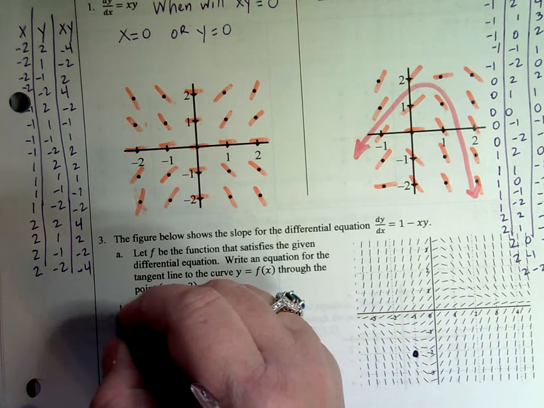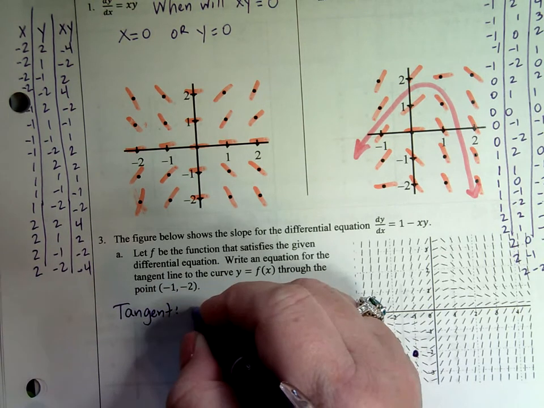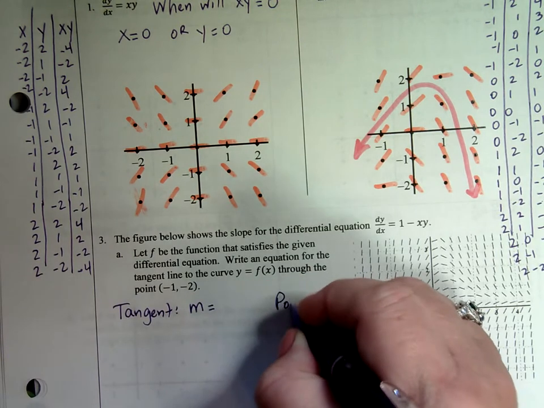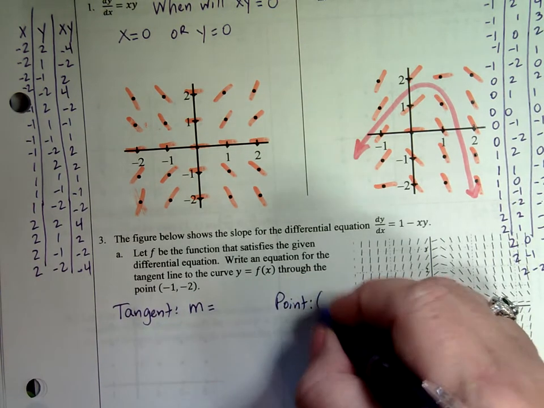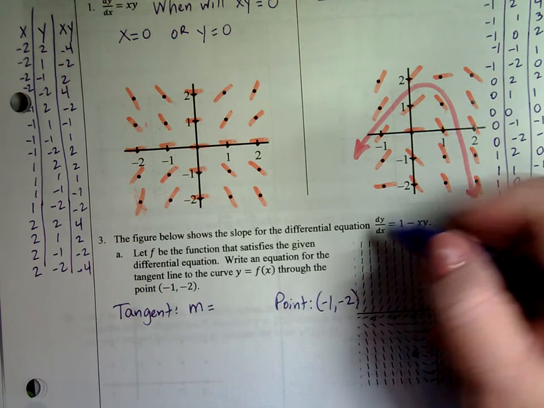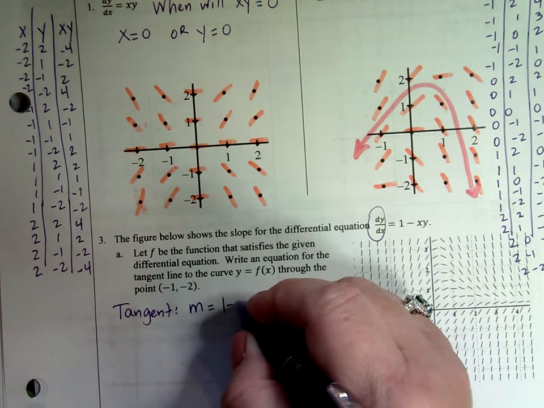They want me to write the equation of a tangent line, and you're like, cool. If I want to write a tangent line, then I need a slope and I need a point. Well, they gave me the point, negative 1, negative 2. What's the slope? Well, dy over dx is the slope. So the slope is 1 minus xy.